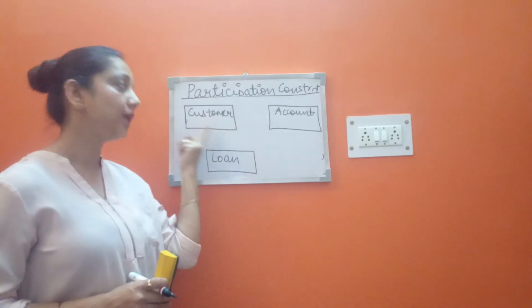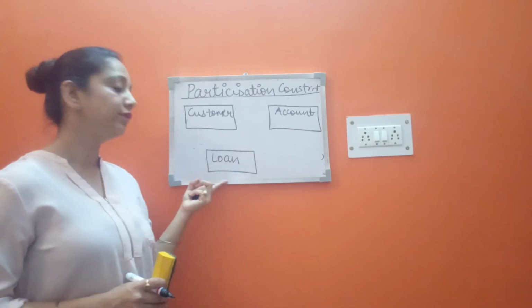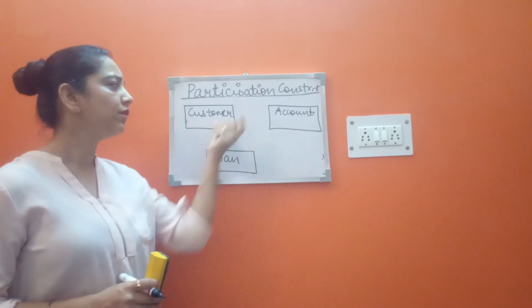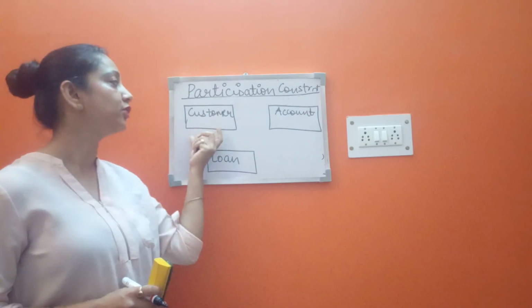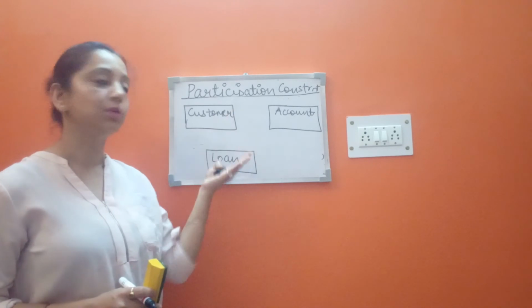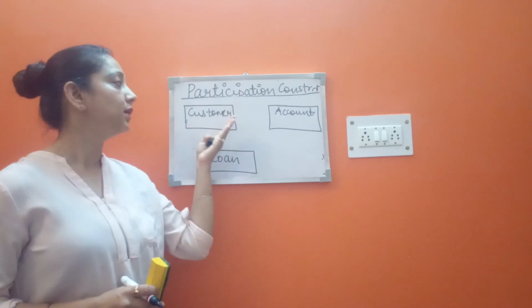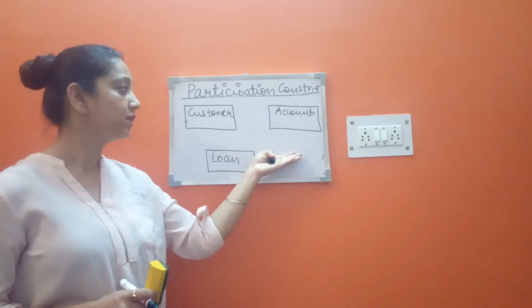Now customer will have certain attributes, account will have certain attributes, loan will also have certain attributes. We will not go into the details of all that, because we all know the general attributes of a customer in a banking database. It will have a customer name, the account will have an account number, an account opening date, and all that.